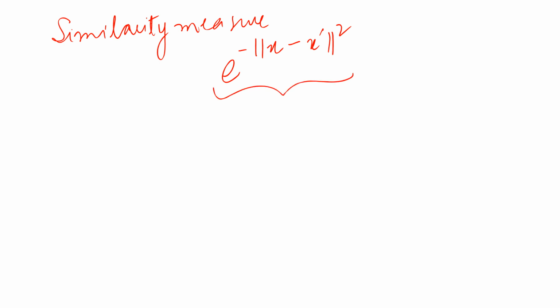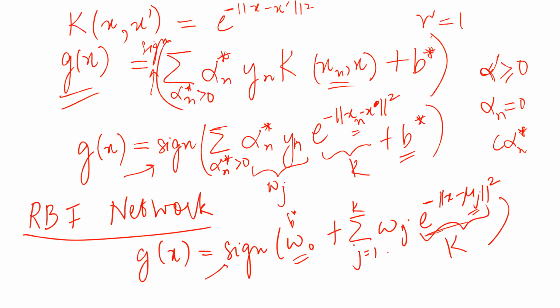The similarity measure in both of them, this exponential of something minus something else squared, is essentially measuring some similarity of this point with respect to this. And that's exactly what we are doing in my RBF network as well as in my original optimal hyperplane problem, right?